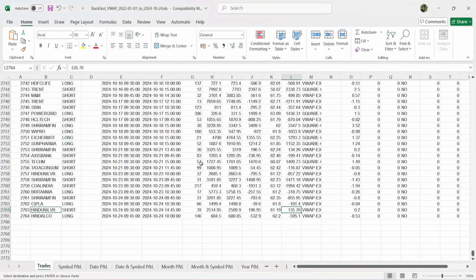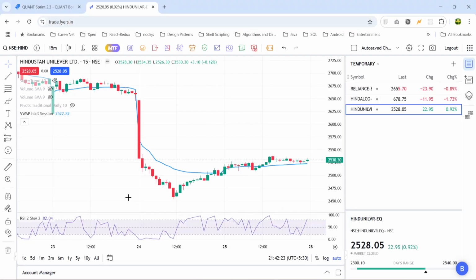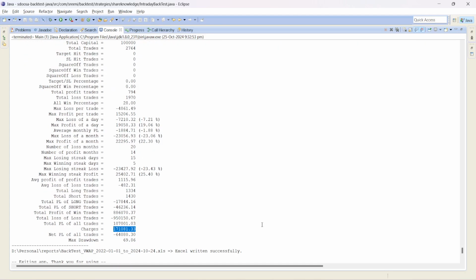I think the code I have written is working fine, as I'm able to validate the trades on the chart with the real data. So looking at the result, what do you say? With the plain Vwap strategy, even though you have some criteria to select stocks, top gainers, top losers, whatever, the overall result of the strategy is a loss, just because of the charges.